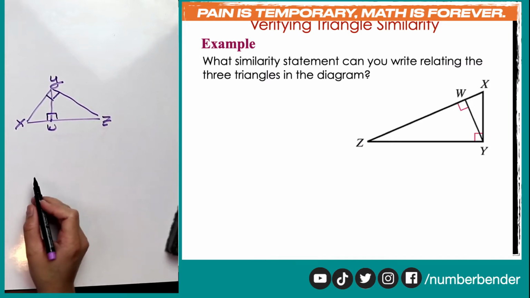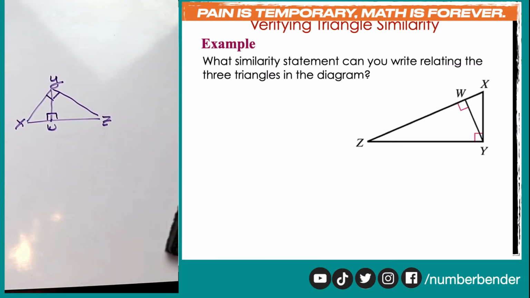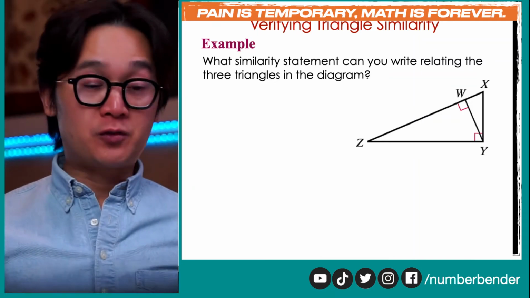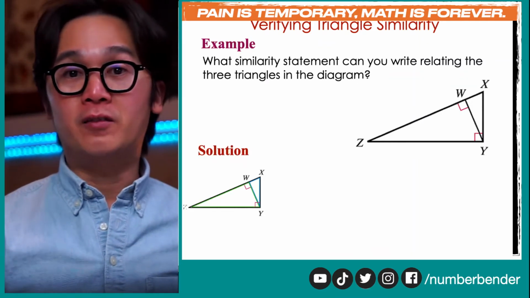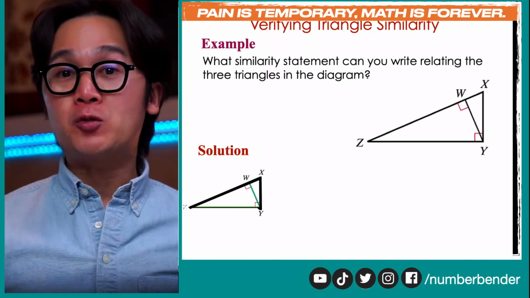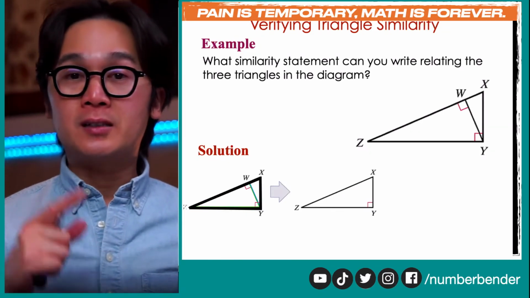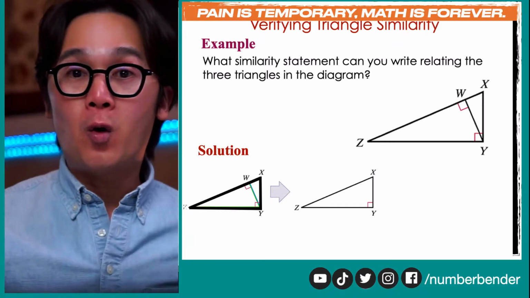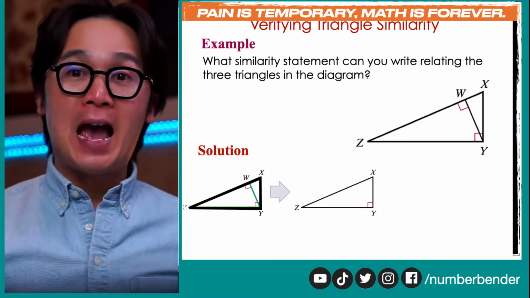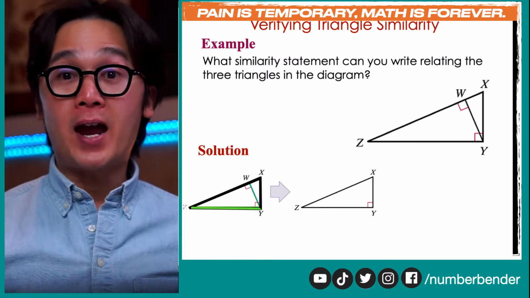Therefore, we can say that this is similar because we will be able to produce three different triangles from this set of right triangles given the main triangle XYZ that shares the line segment YW, which happens to be the altitude of our main right triangle.